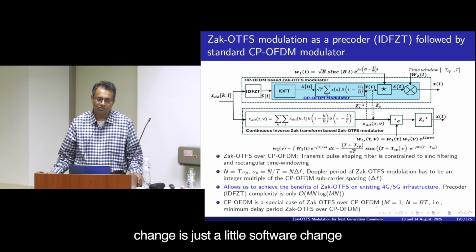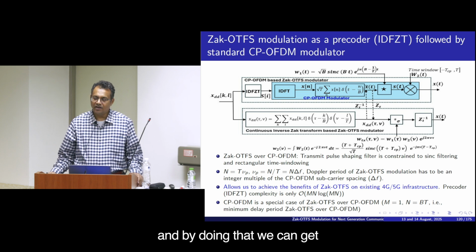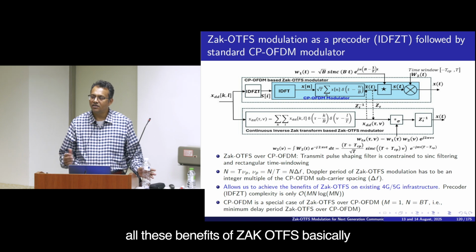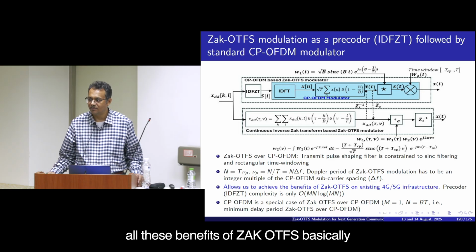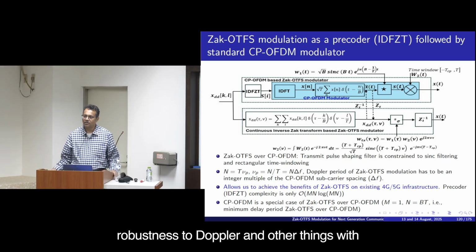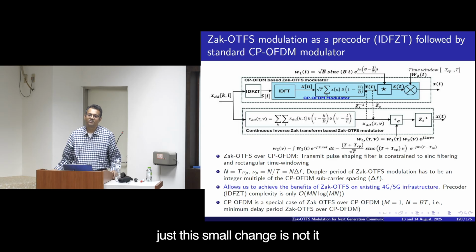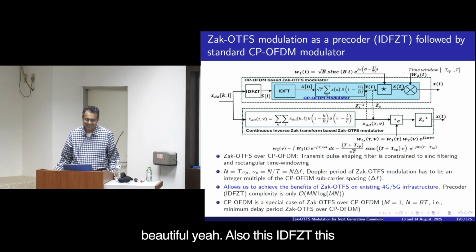It is just a little software change, and by doing that we can get all these benefits of Zak-OTFS, basically robustness to Doppler and other things, with just this small change. Isn't it beautiful?